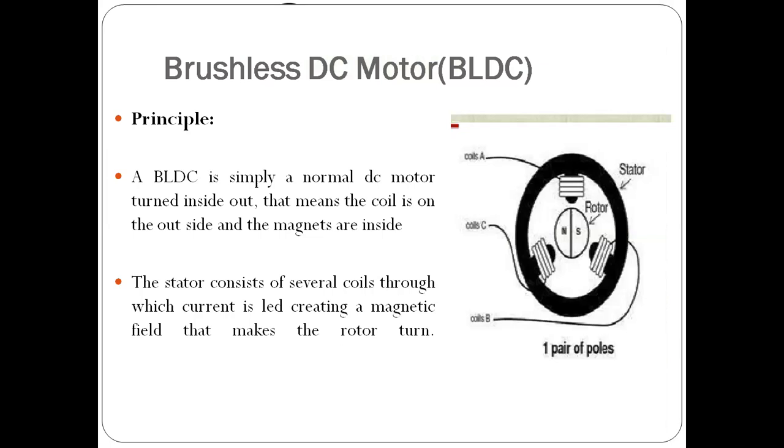A BLDC motor is essentially a DC motor turned inside out. That means the coil is on the outside and the magnets are inside. The stator has the coils, and the rotor is made of permanent magnets.